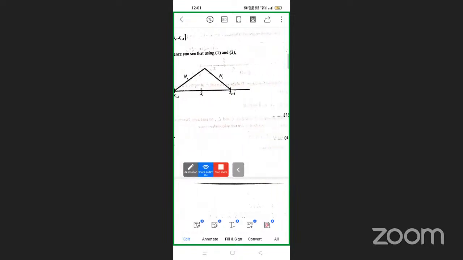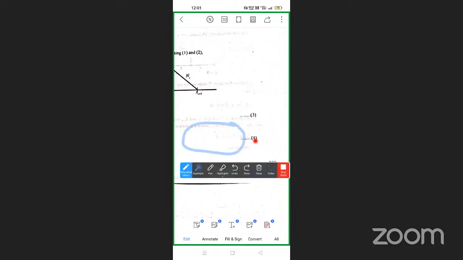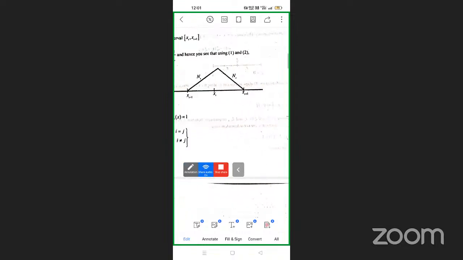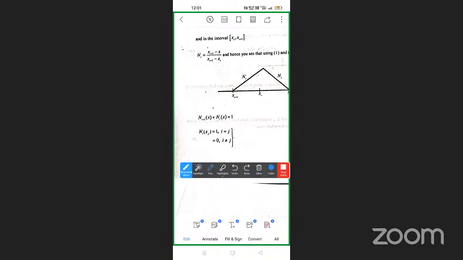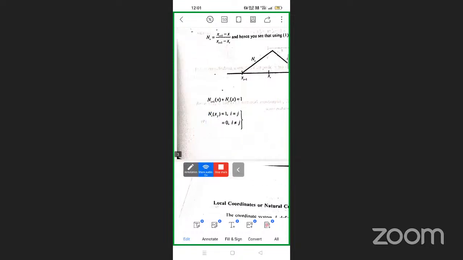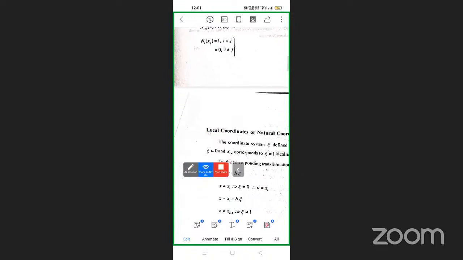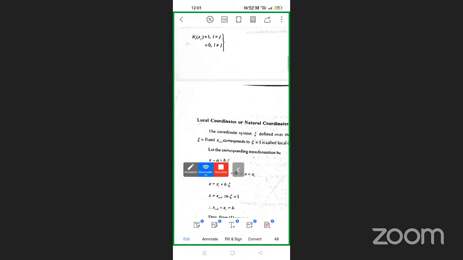So this is equation number 4, and it is very, very important for what follows. ni of xj is equal to 1 if i is equal to j, otherwise 0. The shape function of i at a point xj is 1 if i is equal to j, and in all other cases 0. Local coordinates.